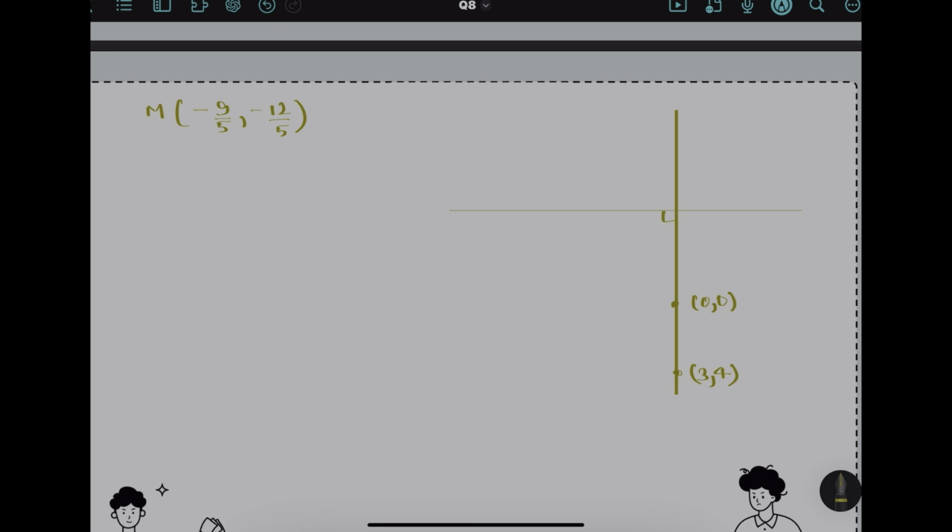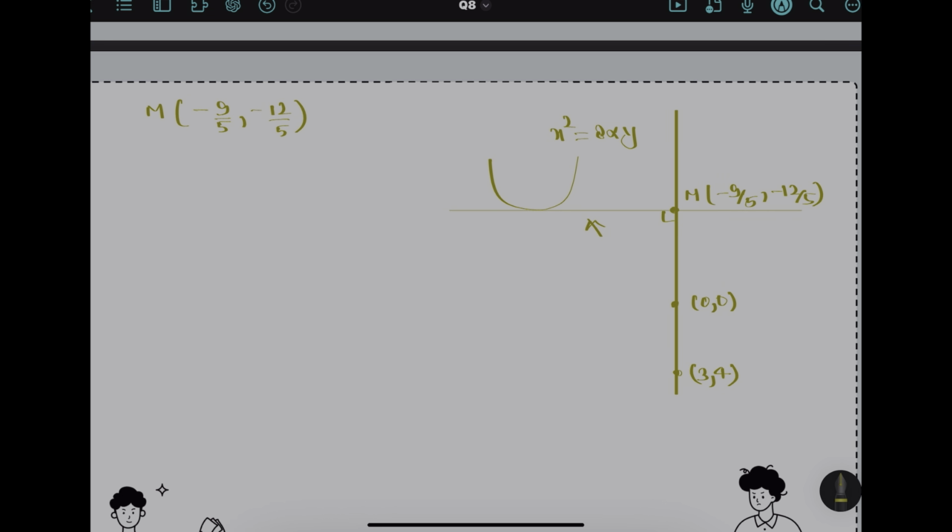And this point, you know, is M, minus 9 by 5, minus 12 by 5. So we will find the equation of this line, and then we will put the condition of tangency over this parabola, x square equals 8 alpha y, and then later we will find the value of alpha. I hope it is clear.